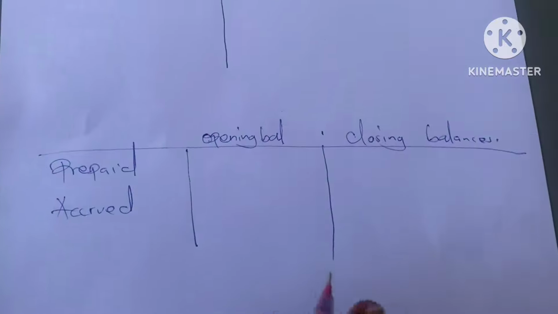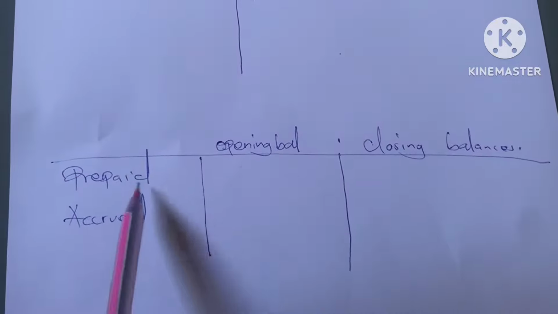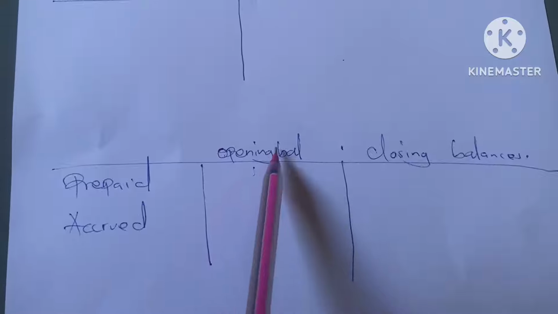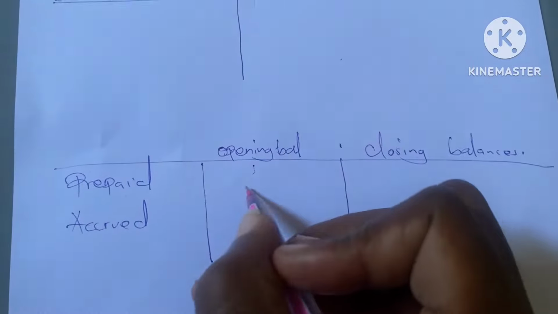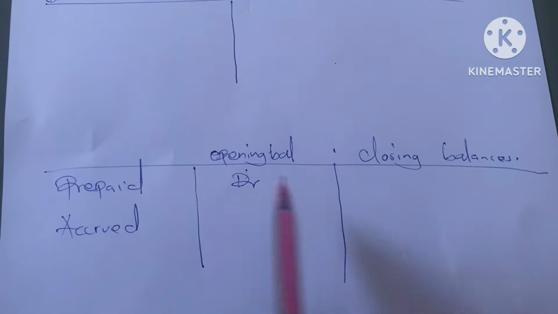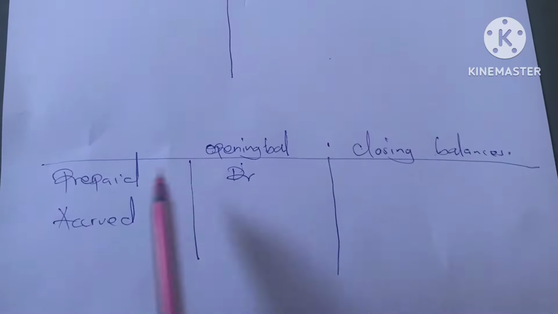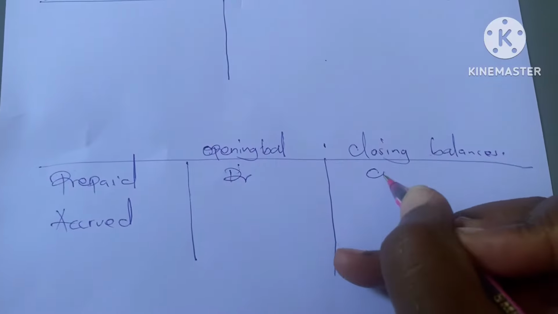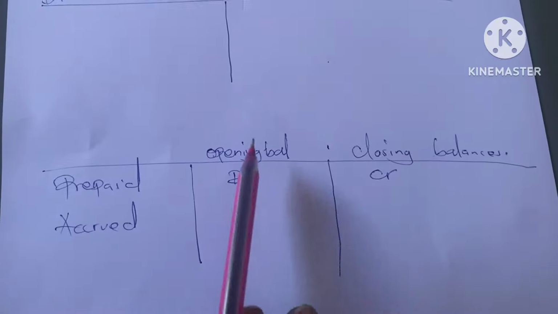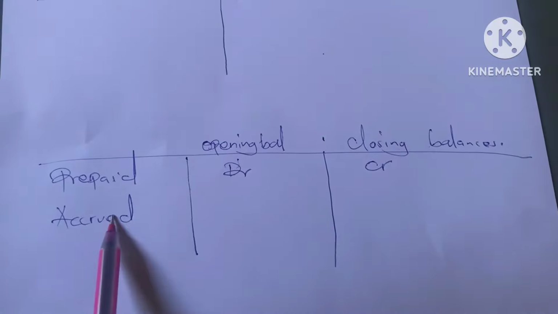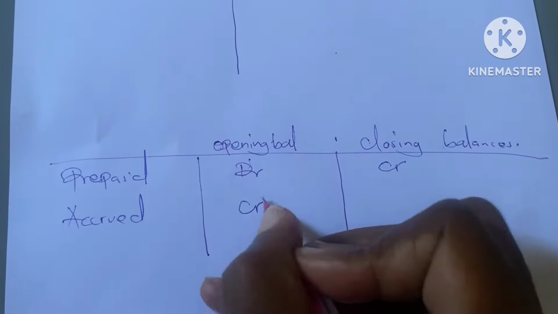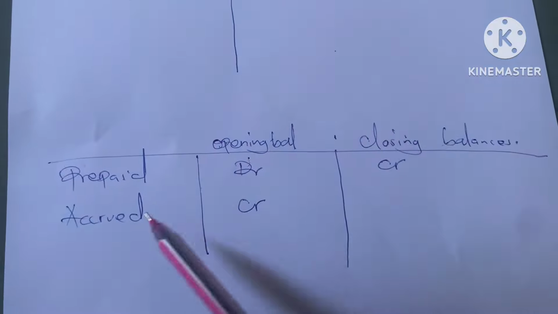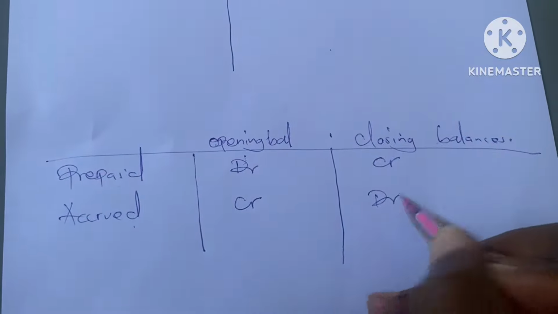In case the opening balance of an expense is prepaid, you debit it. In case the closing balance is prepaid, you credit it. Then in case the opening balance of an expense is accrued, you do the opposite, credit. In case the closing balance is accrued, you debit.